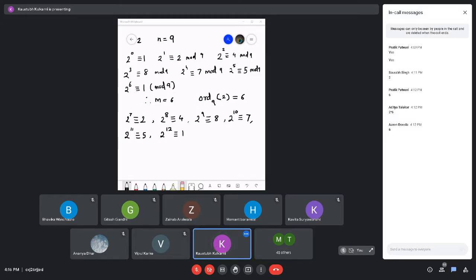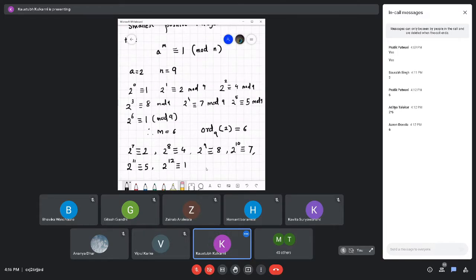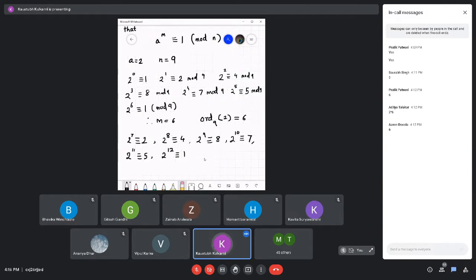Basically, there will always be some exponent m, greater than or equal to 1, such that a raised to m will be congruent to 1 mod n. So such an m will always exist.